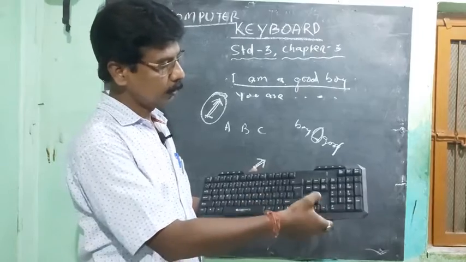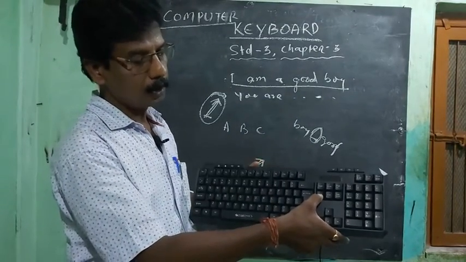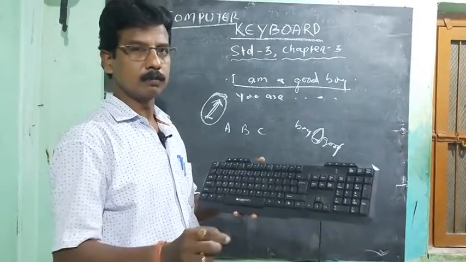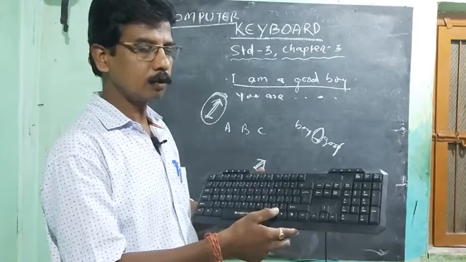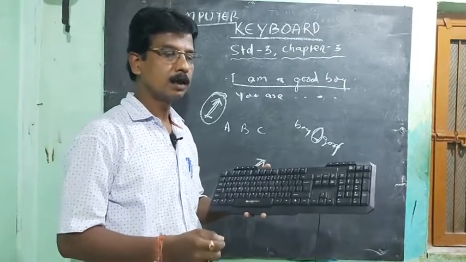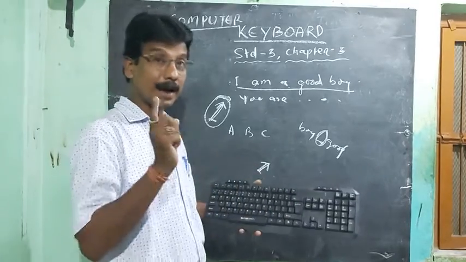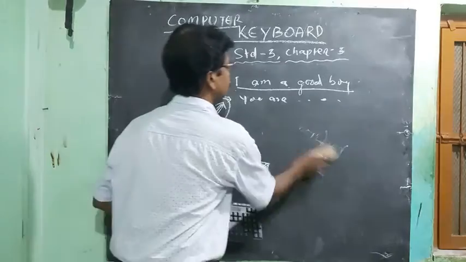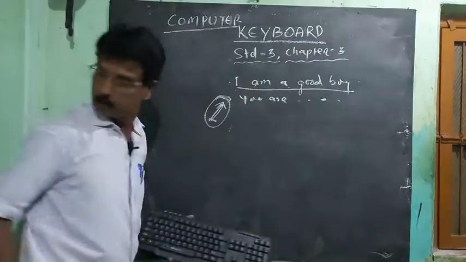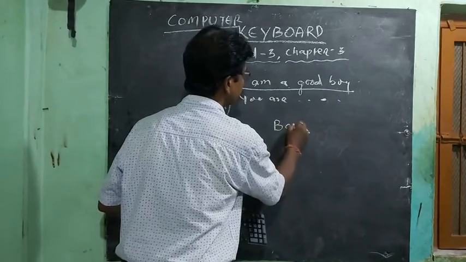Then the delete key. Look here, it is a delete key. With the delete key, any character can be deleted from the monitor or screen. Then the backspace key is also used. It is also used to remove a character. Look, here is the word boy.